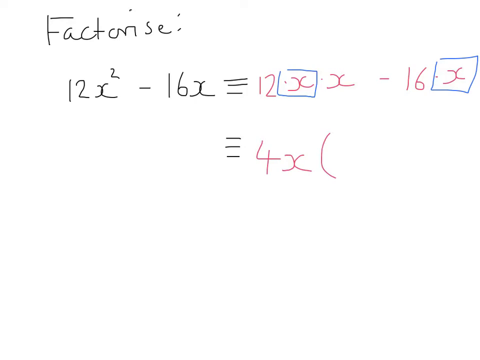Now that we've done that, we're going to take both terms and divide them by 4x. 12 divided by 4 is 3, and x squared divided by x is just 1x. 16 divided by 4, or negative 16 divided by 4 is negative 4, and then x divided by x is just 1, so they essentially just cancel each other out, and we're just left with negative 4 on its own.